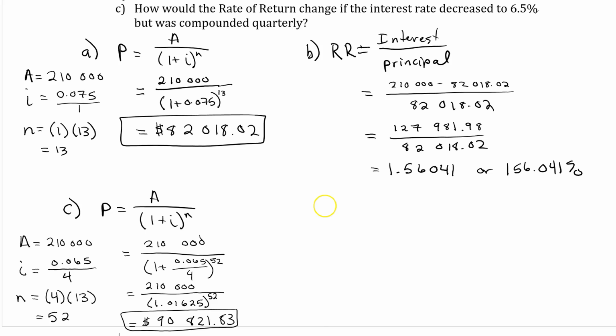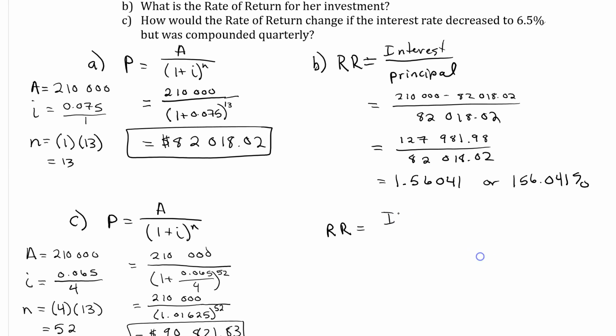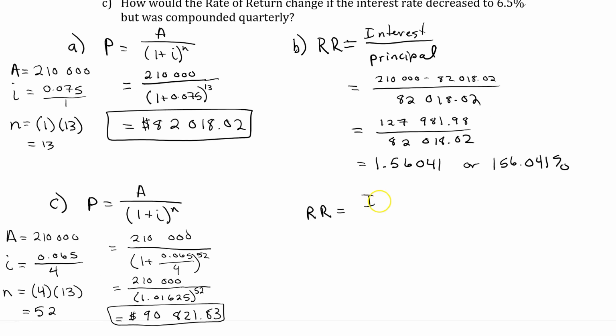So now what we're going to do is copy exactly what we did for B. Rate of return equals interest. Ooh, forgot that n. Over principal.